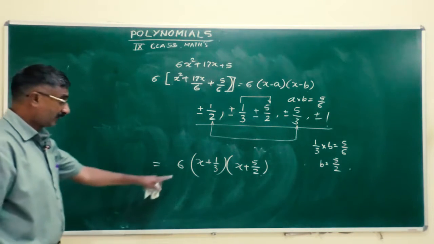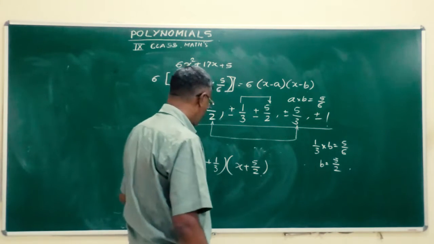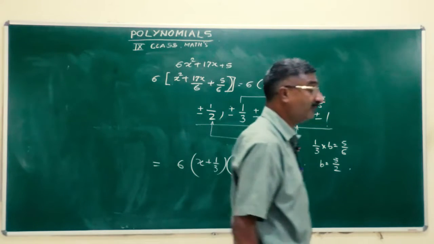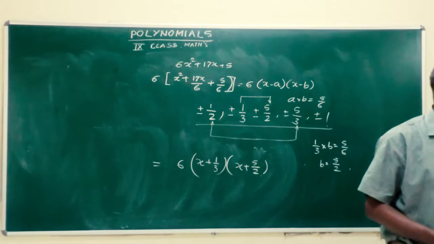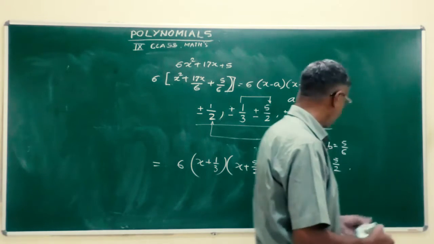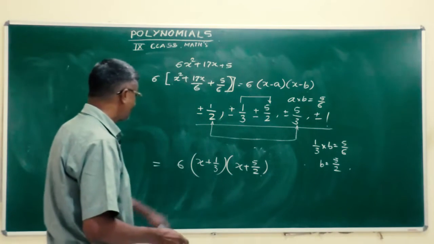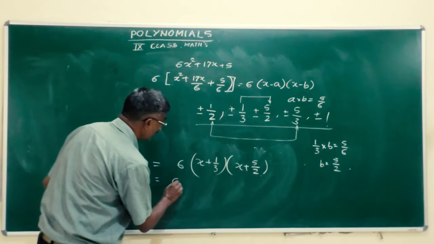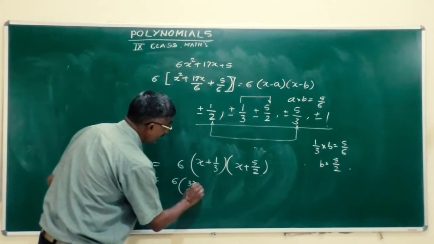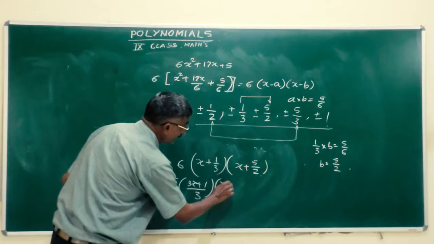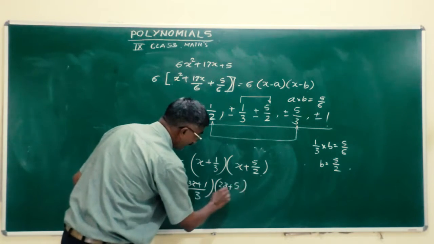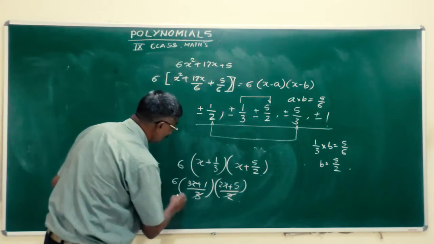Clear? Into 6. So, the factorization is 6 into x plus 1 upon 3 and x plus 5 upon 2. If we want to multiply, we can multiply in this equation. So, that is 6 multiplied by (3x plus 1 upon 3) into (2x plus 5 upon 2). 2 3s are 6.